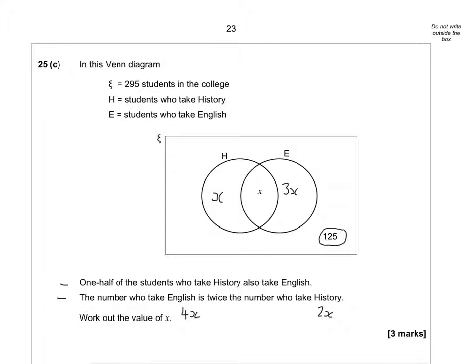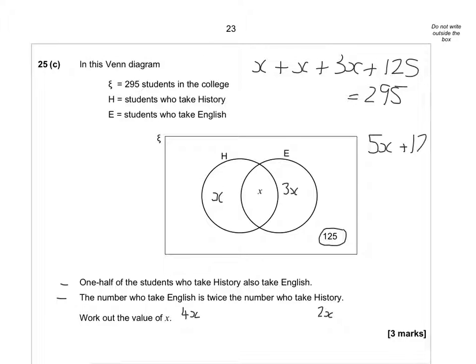So we can say that X add 3X add 125 has got to equal 295. If we simplify the algebra, we have 5X add 125 is equal to 295.